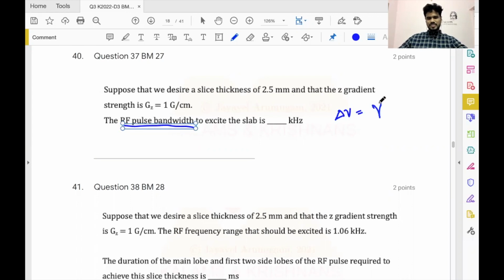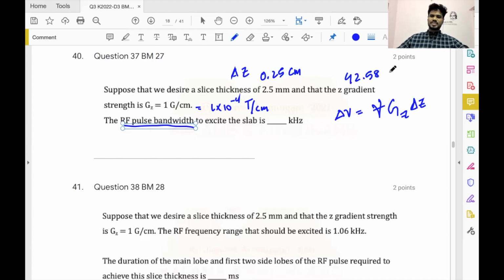So there should be gamma bar, GZ, delta Z. Let's get everything. GZ is 1 Gauss per centimeter, so this is 1 into 10 power minus 4 Tesla per centimeter. Delta Z is 2.5 mm, so this is 0.25 centimeters. And gamma bar we should know by now is 42.5 megahertz per Tesla.